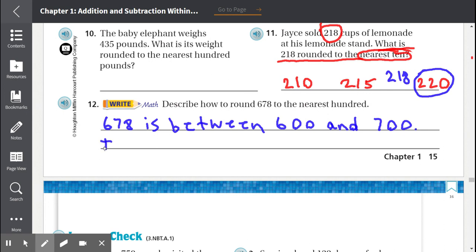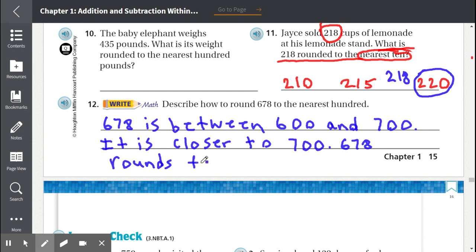It is closer to 700. So that means 678 rounds to 700.